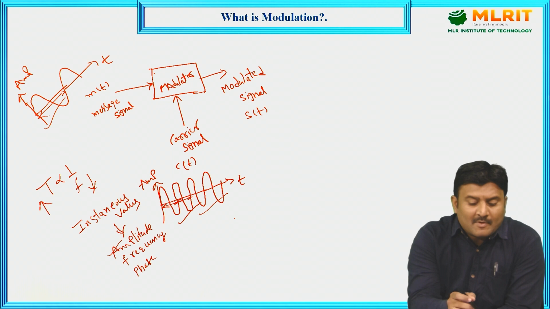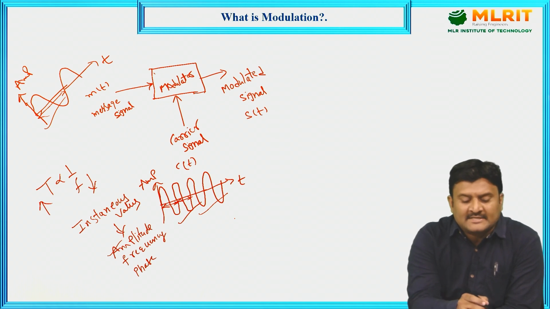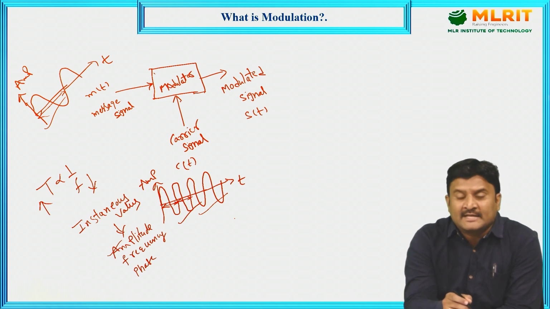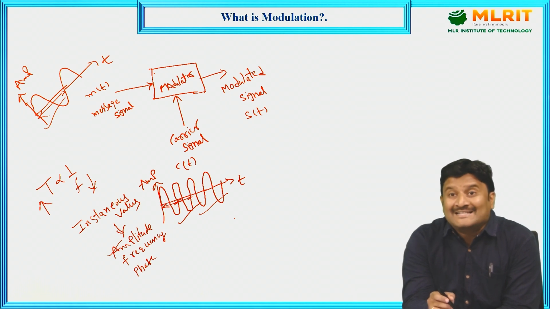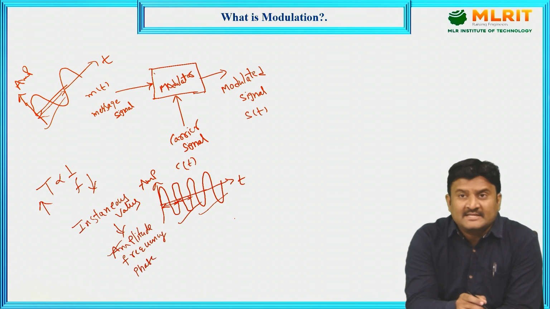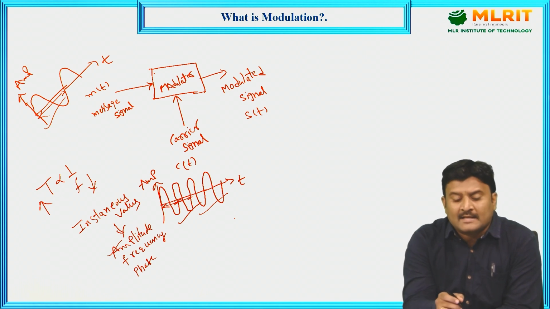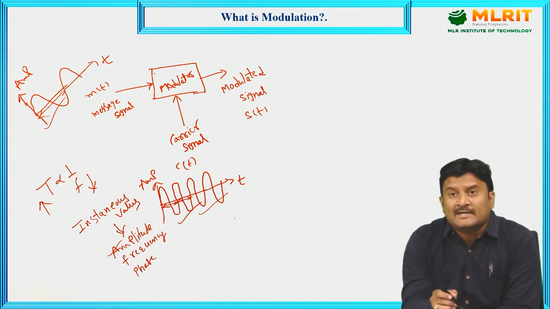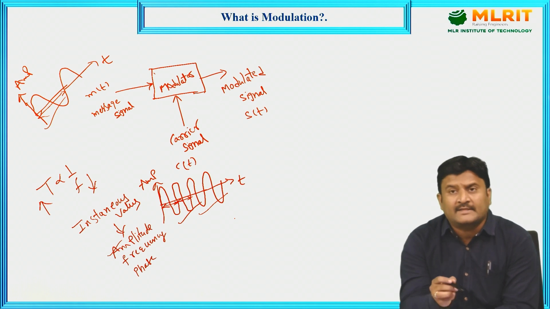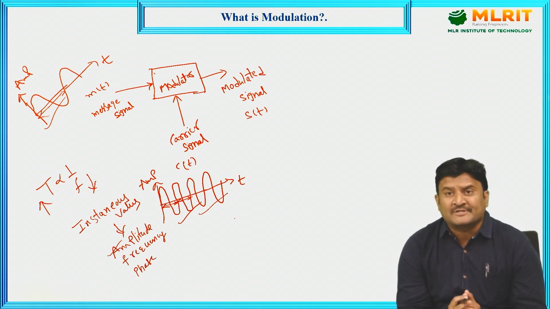The modulator is the block that combines the message signal and the carrier signal, and it generates the modulated signal. Which signal contains the information, the message signal or the carrier signal?